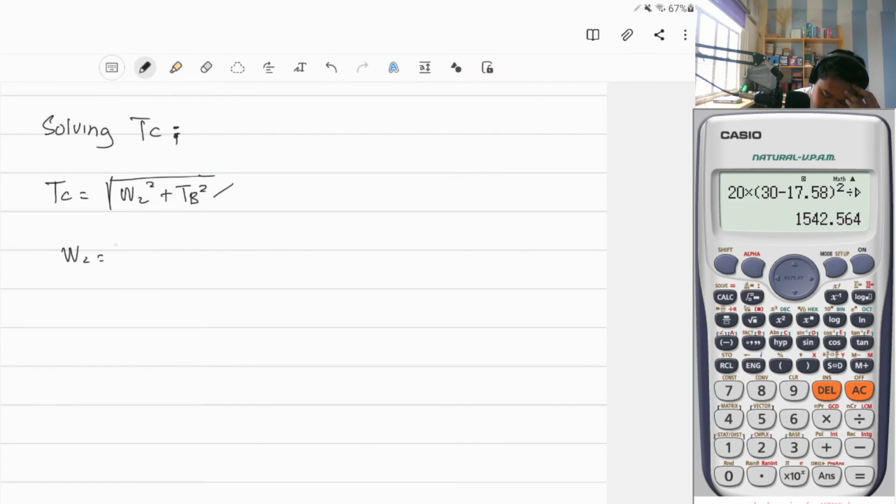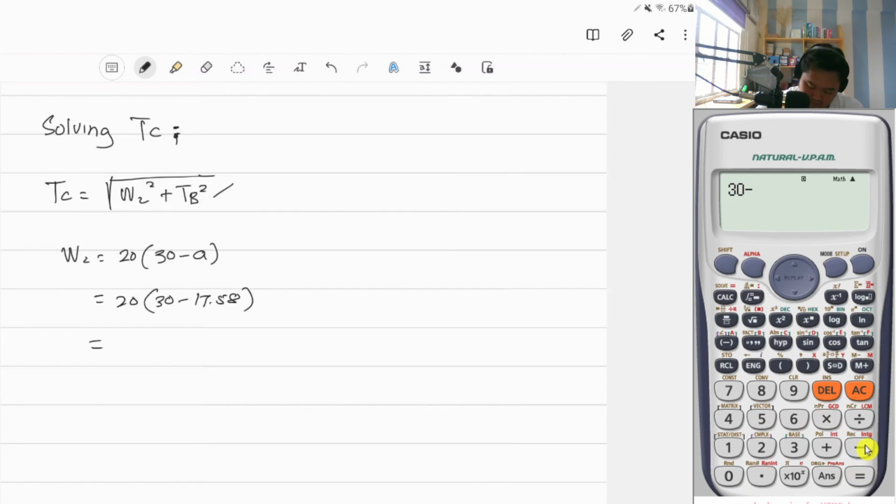So W2 is the weight of the horizontal uniformly distributed load at the right segment. So that is 20 times B. But B is 30 minus A. So that is 20 times (30 minus 17.58). So the result is 248.4 kilonewton.